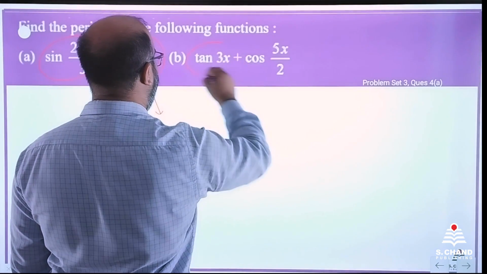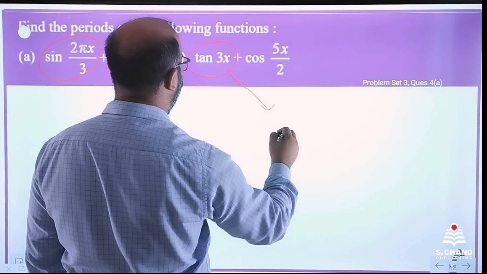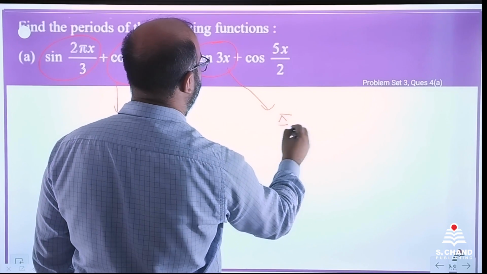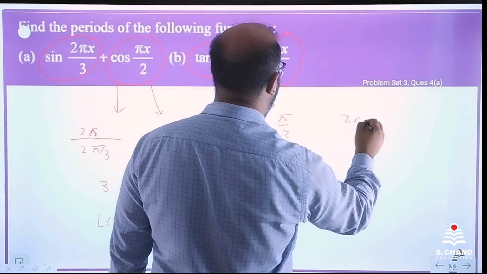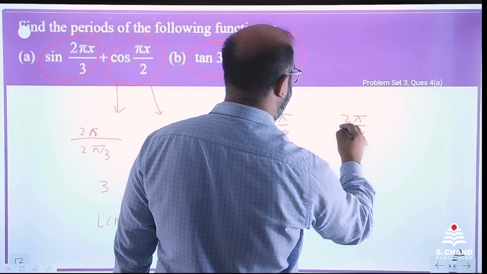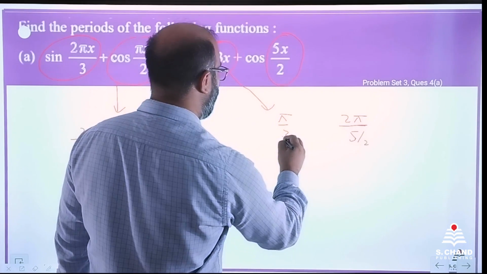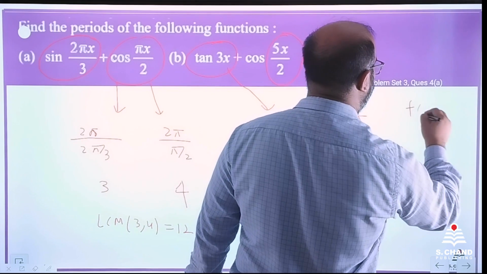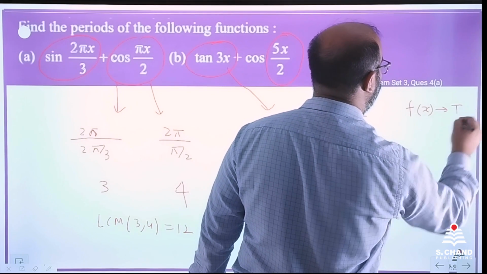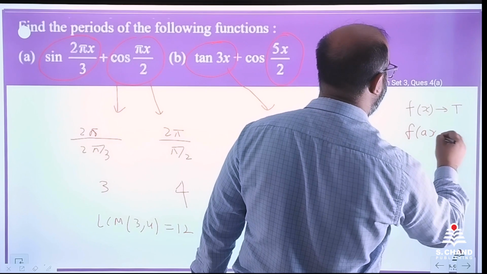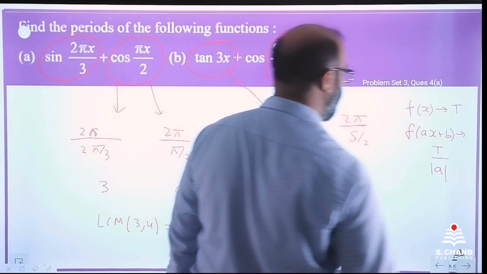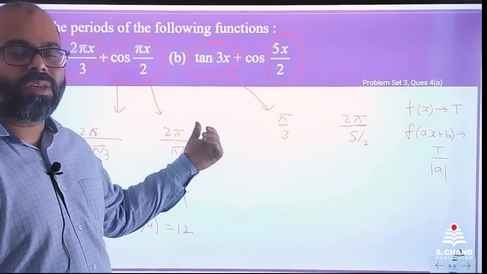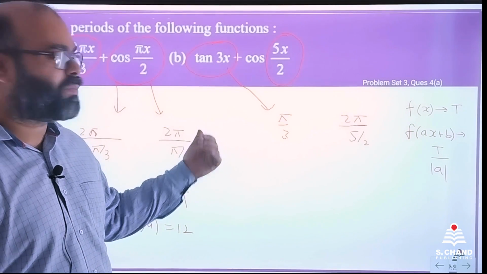Similarly, if we take tan 3x here, then it is π/3. And if we take cos(5x/2), then it is 2π by 5/2. As we know, if there is a function f(x) whose fundamental period is T, then f(ax + b) has fundamental period T/|a|. So we are using the same concept here. The linear extension of x is ax + b.